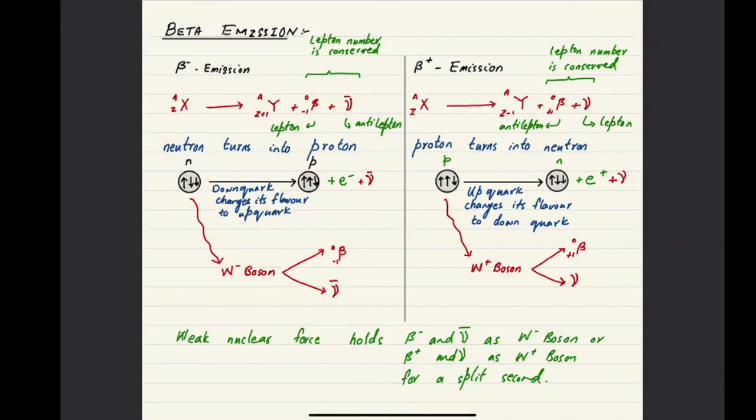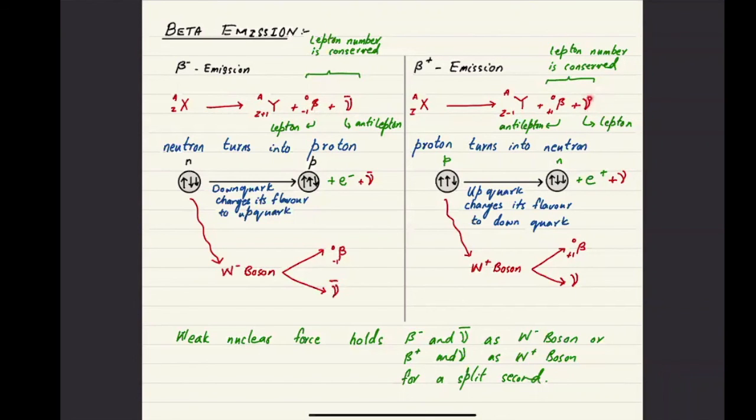If you look at it very closely, you would find the electron in the fundamental particle table, but there is no antineutrino because it's an antiparticle of neutrino. So a particle would have a lepton number of 1, and an antiparticle would have a lepton number of -1. So the total lepton number stays 0.